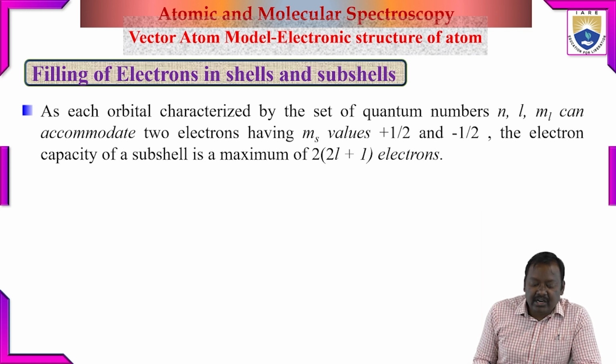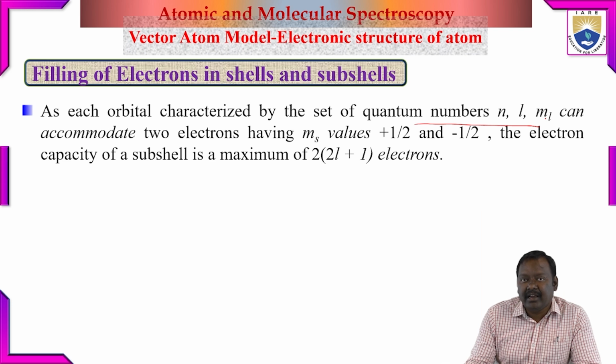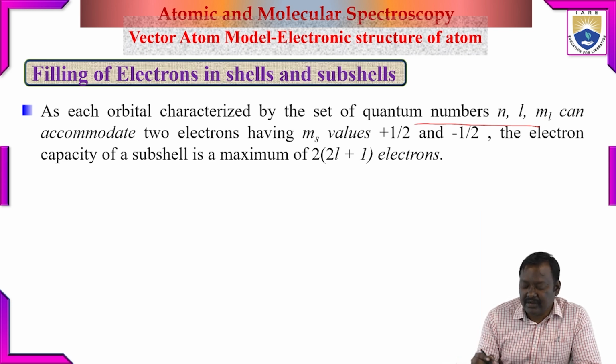As each orbital characterized by the set of quantum numbers n, l, ml can accommodate 2 electrons having ms values +1/2 and -1/2, the electron capacity of a subshell is a maximum of 2 into 2l plus 1 electrons.